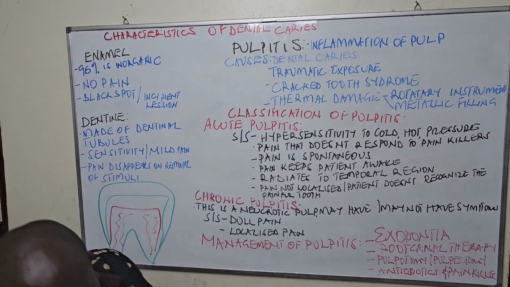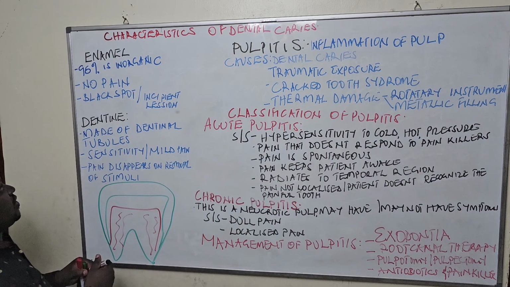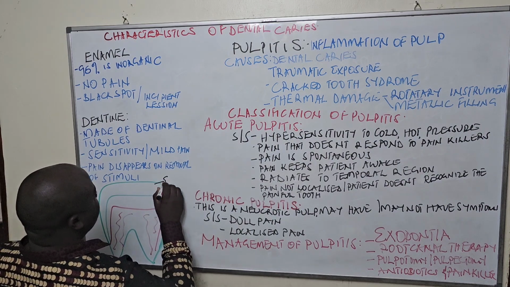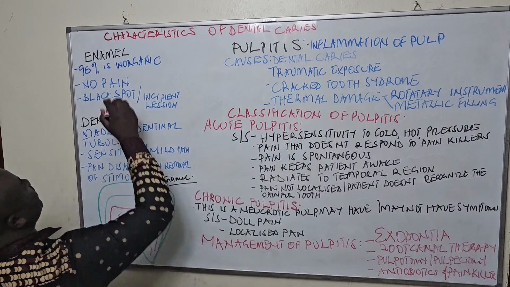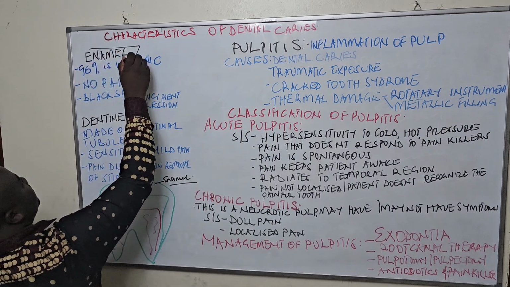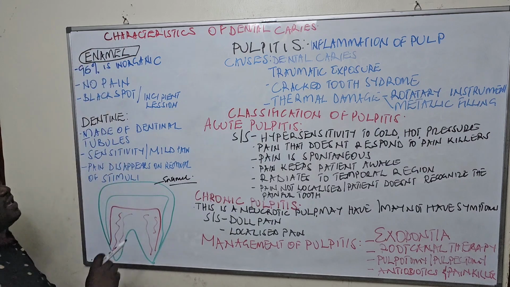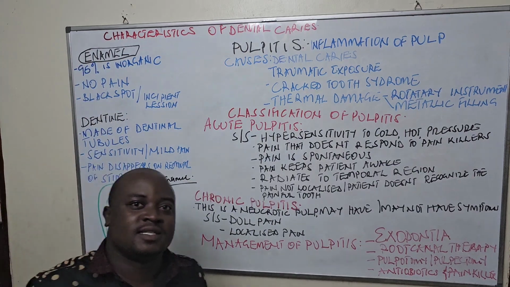So if we have this one as our enamel, we say the enamel is the outer part of a tooth.